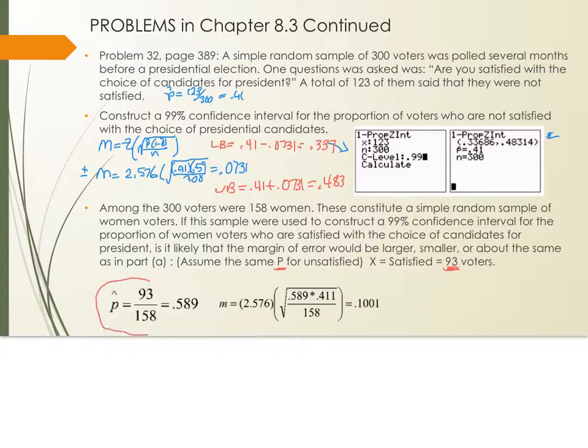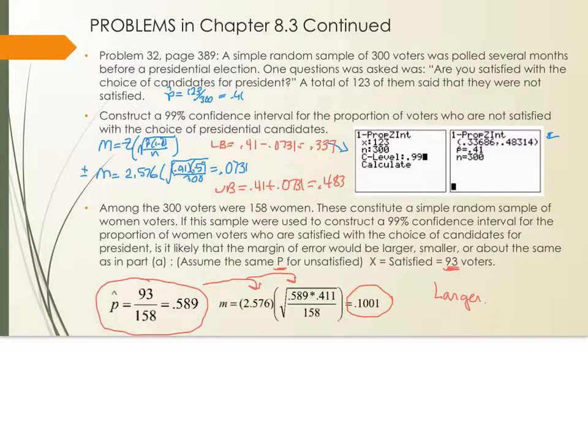So we calculate a new p hat of satisfied, which is 93 over 158, and we plug this information into our margin of error, and we get a margin of error of 0.1001, which is larger than our margin of error of 0.0731. So in this case, it is larger.